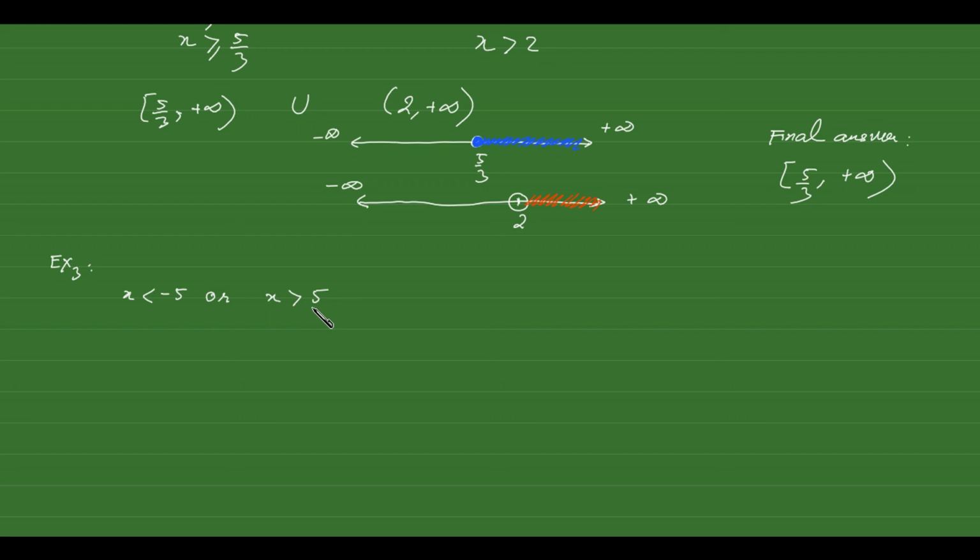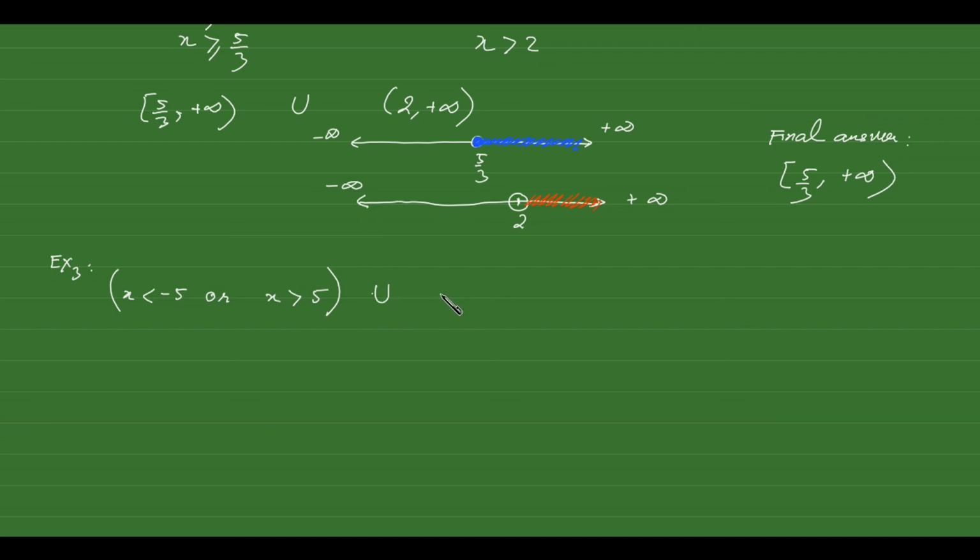I'm going to find the intersection between this compound inequality and another inequality.